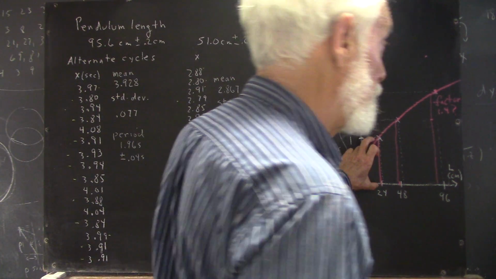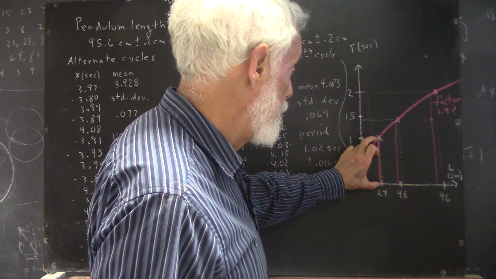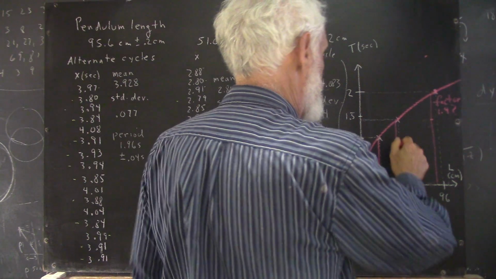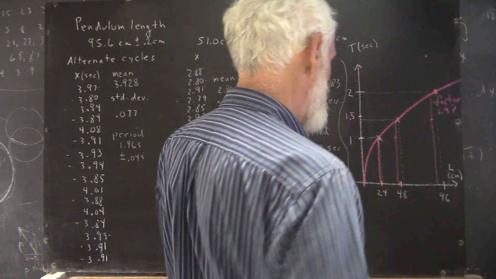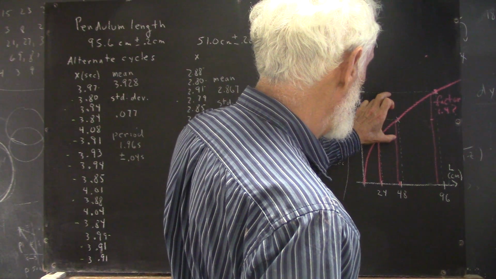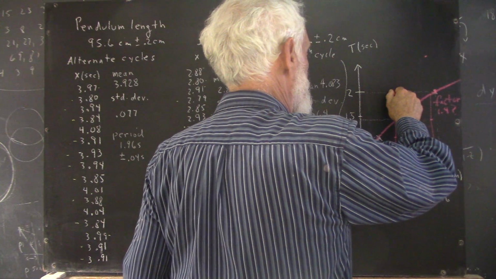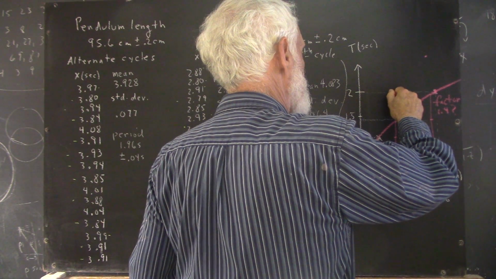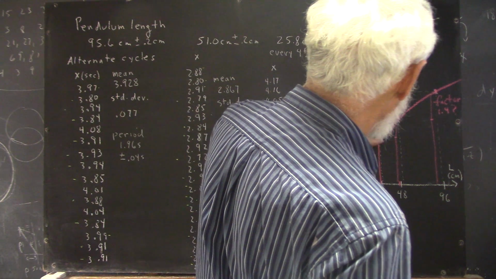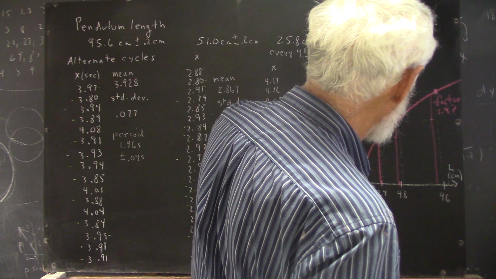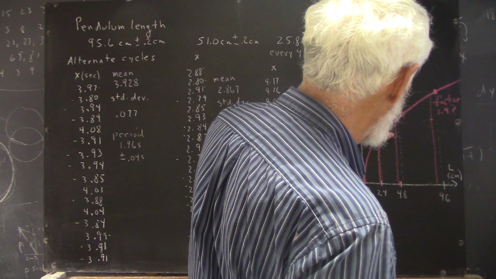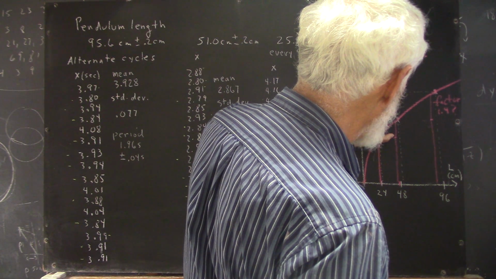I can do the same thing here, try to stay out of the way. We come over here, that would be what we'd have with factor 1. If I take this and double it, I end up about here. Looks like I actually did that one right. And then if I cut this distance from here to here in half, I get something about like this.